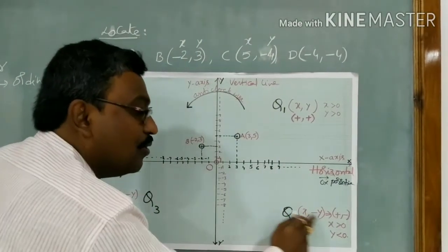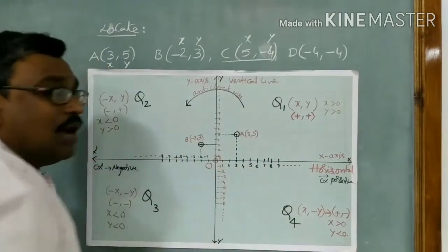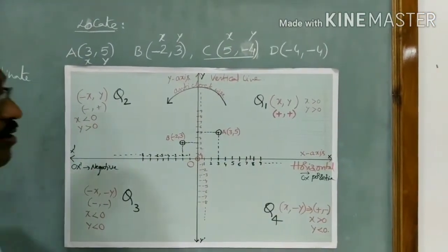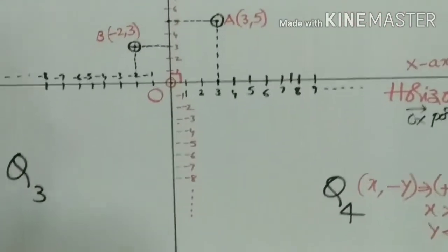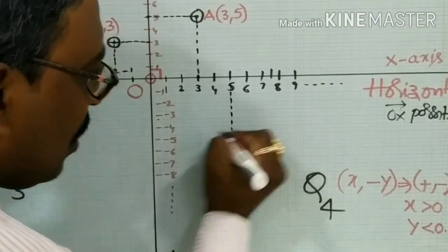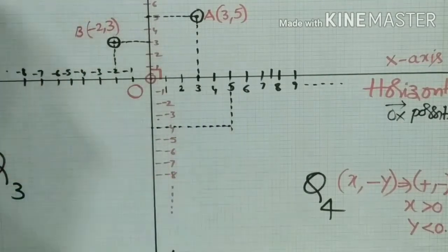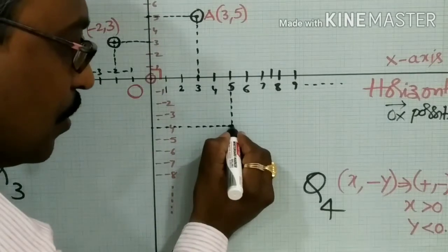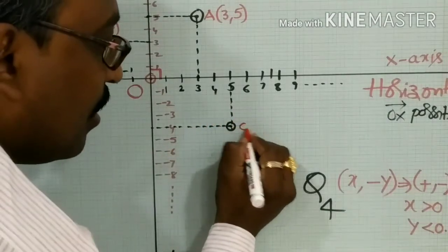So the point (5, minus 4) will lie in the fourth quadrant. So now this line is 5 and this is minus 4. Here these two lines intersect. So this is the point C.